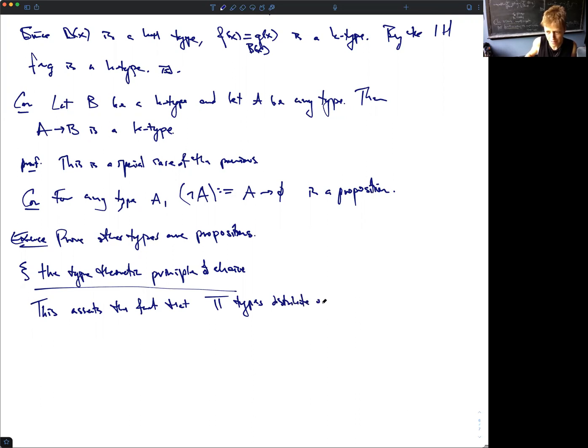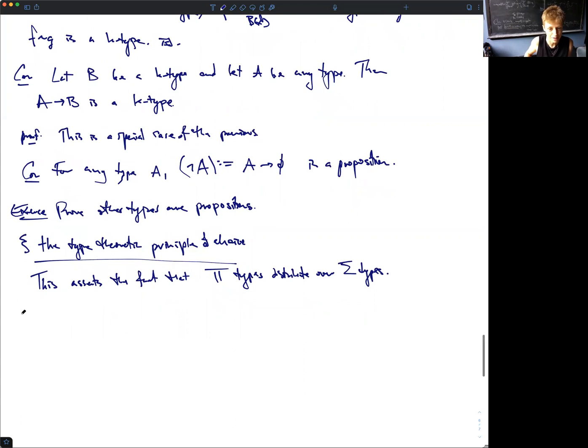The reason this doesn't connect so directly to the axiom of choice as understood in set-based mathematics is that sigma types are not a perfect analog of the existential quantifier. They provide a bit more information, namely the projection onto the first component. And using that information, we can state and prove the following.